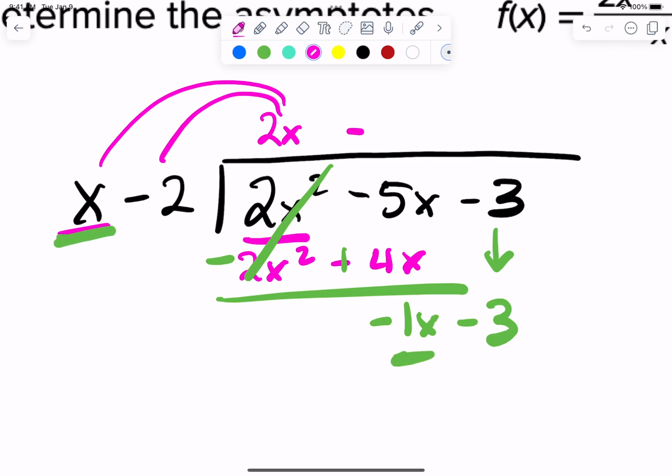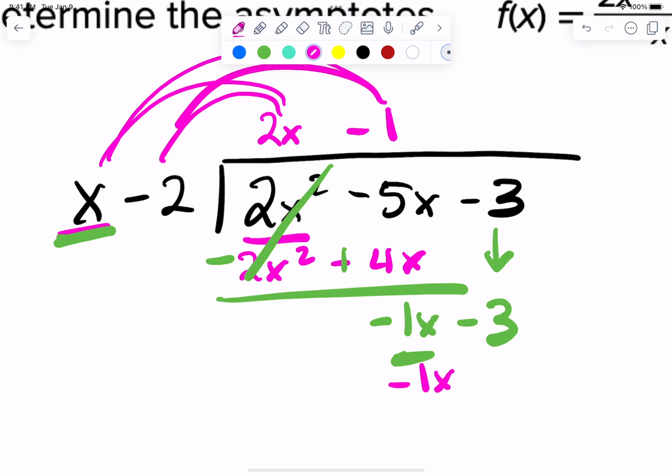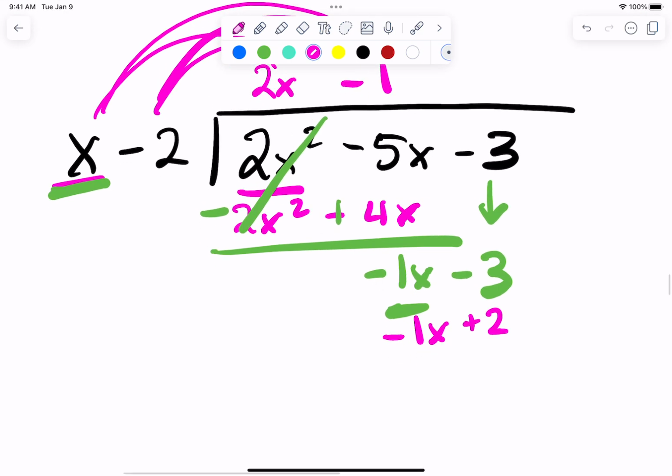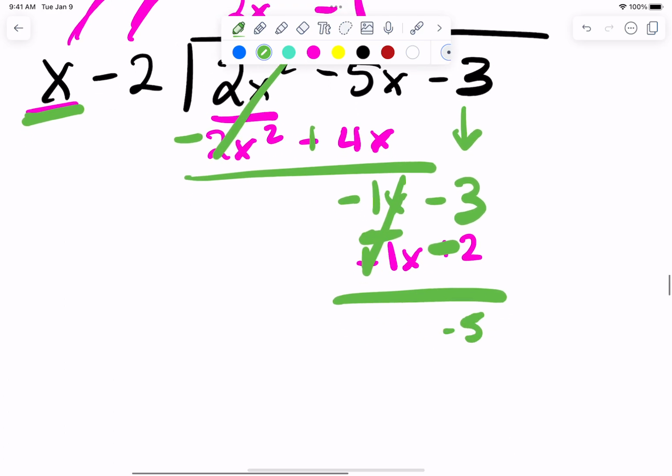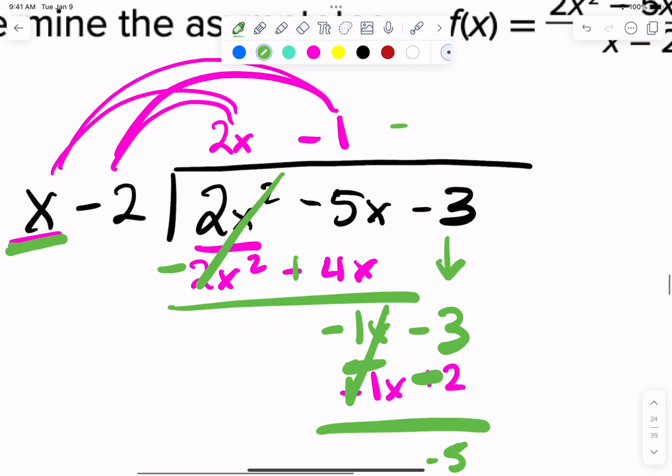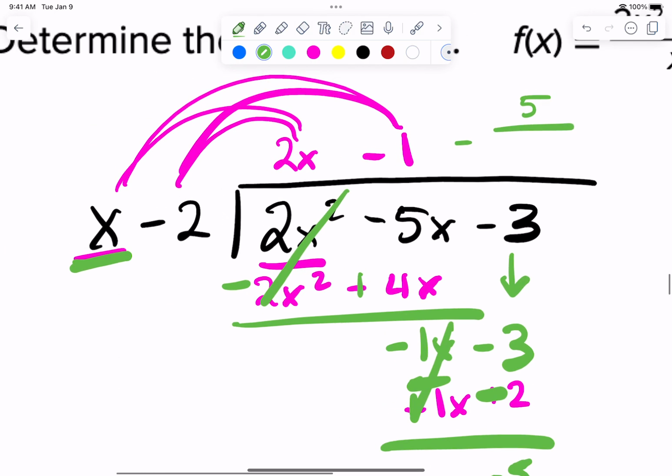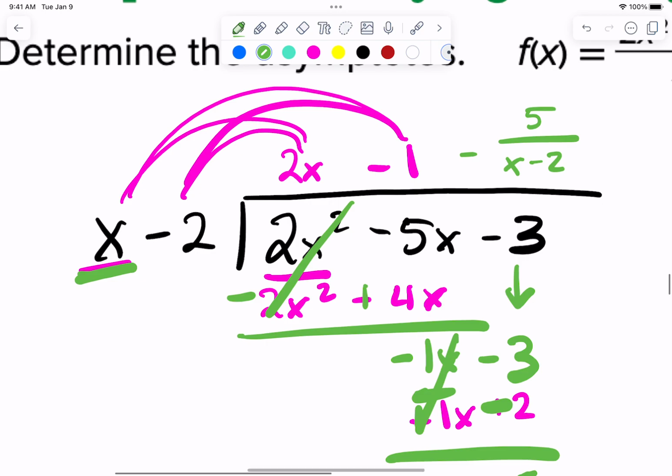Negative 1. Negative 1 times x is negative 1x. Negative 1 times negative 2? Plus 2. Then I switch the signs. So plus, minus. And what's the remainder? Negative 5. Okay? So he will be minus 5 over x minus 2. That's what my long division result is.